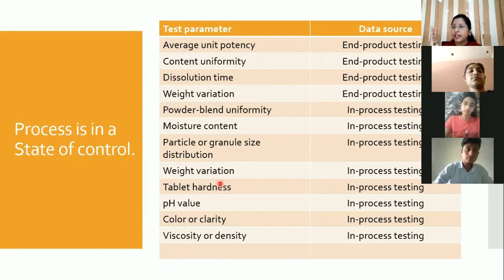Weight variation is the fourth one, where the data source is again end product testing. So at the end, when we are testing the product, we'll get all these details about average unit potency, content uniformity, dissolution time, and weight variation. These are the test parameters we have to study in the case of concurrent validation. Understood? Yes.